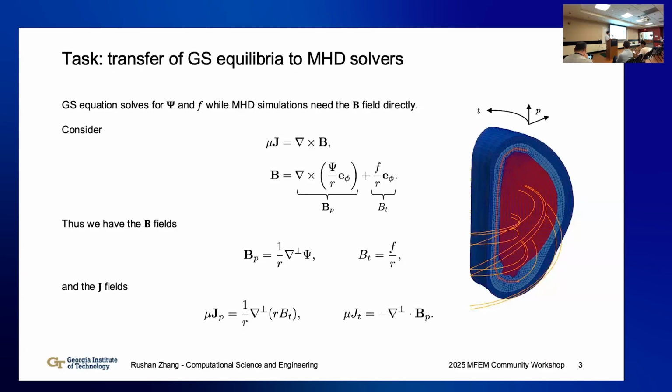However, although we use psi and f to simplify the solution of equilibria, when we are actually doing MHD simulations, we need the magnetic field directly. So consider these two equations that I talked about just now. We can derive the poloidal and the toroidal directions of the magnetic fields and the current density fields like this.